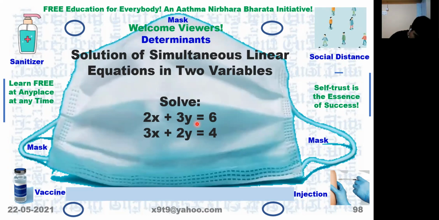So let delta y be the determinant with 2 and 3 in the first column, second column 6 and 4. Correct.